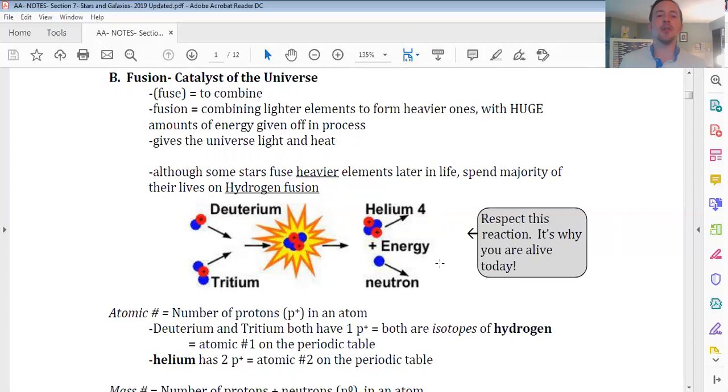So basically what's going on, everybody, is every second of every day, our sun is taking 2 atoms of hydrogen, atomic number 1, and smashing them together in all this heat and pressure to make 1 atom of helium, atomic number 2. Now, looking at this reaction, you might think to yourself, well, wait a minute, how in the world does this generate energy? Because normally, anytime we're combining things to make bigger things, that actually uses up energy.